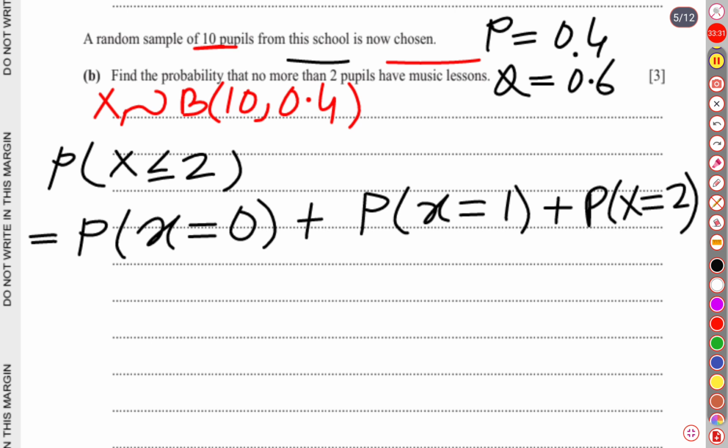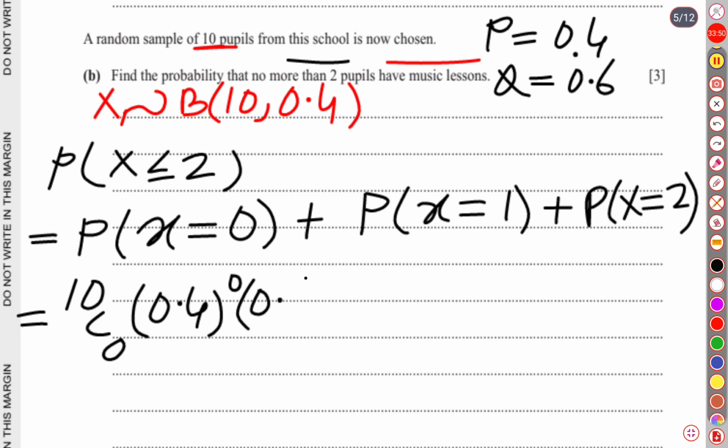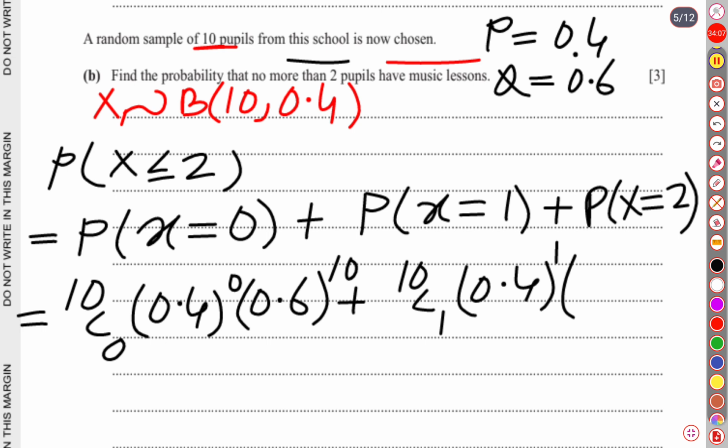If none of the students out of 10 takes music class, then no one has chosen music. So the probability of music class is 0.4 and no one, that means all the 10 students took other subjects, 0.6 to the power 10. Or there is only one out of 10: 10 choose 1, one has chosen music class, 0.4, and the rest 9 students didn't take music class, 0.6 to the power 9.